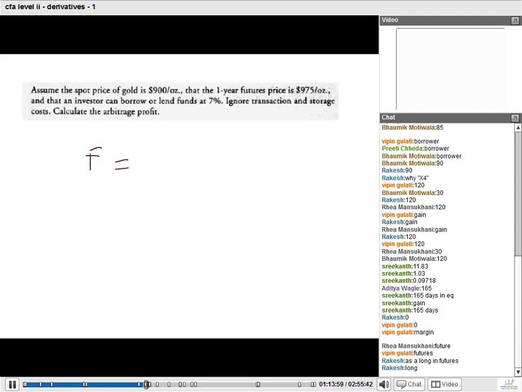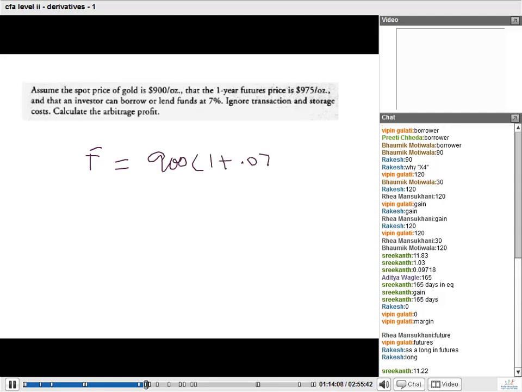So what is the forward price going to be? It will be 900 into 1 plus 0.07 raised to the power 1. So it will be 963. That is the fair price or the fair forward price or the fair futures price.